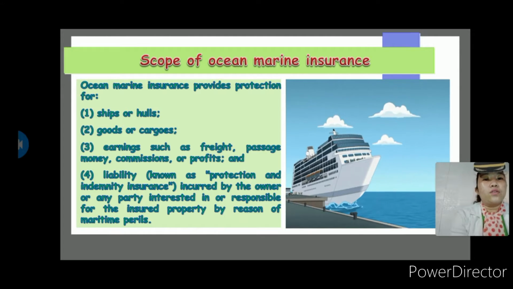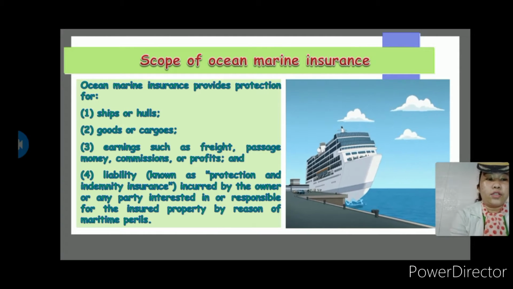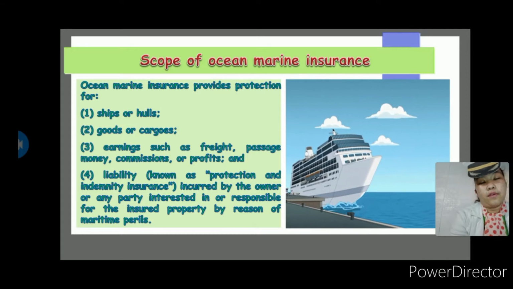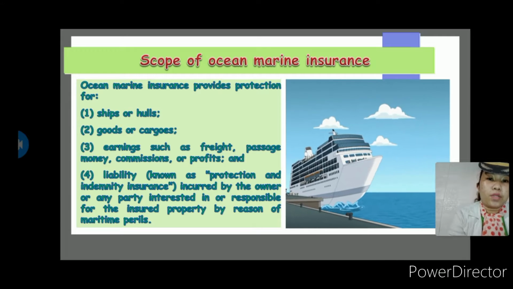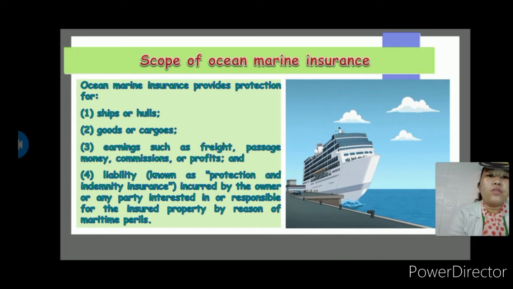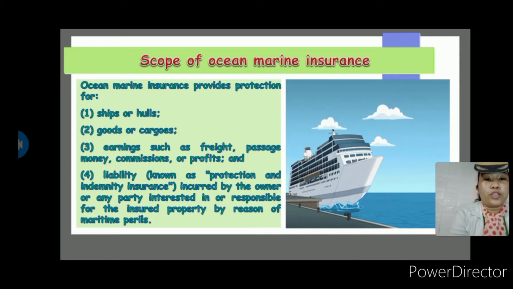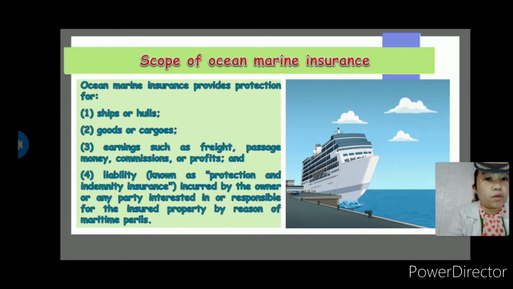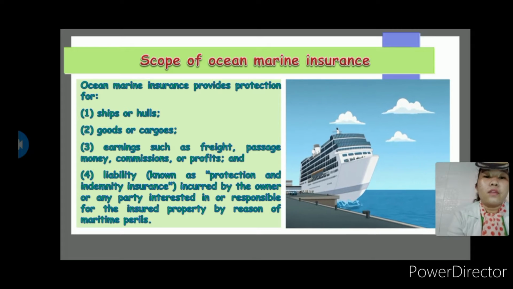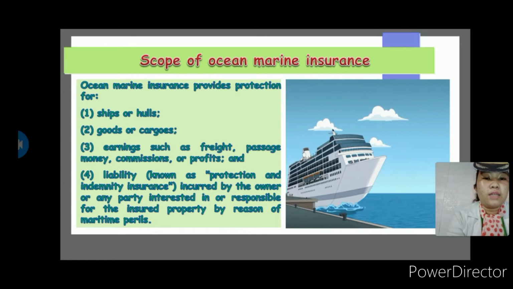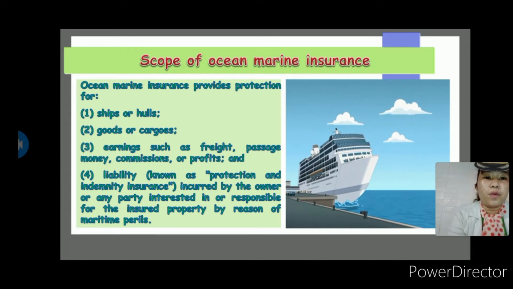So now let's go to the scope of ocean marine insurance. So the first type, or the first division, of marine or transportation insurance. So the ocean marine insurance provides protection for, first, the ships or hulls. Second, we have the goods or cargoes. Then we also have the earnings such as freight, passage money, commissions or profits.